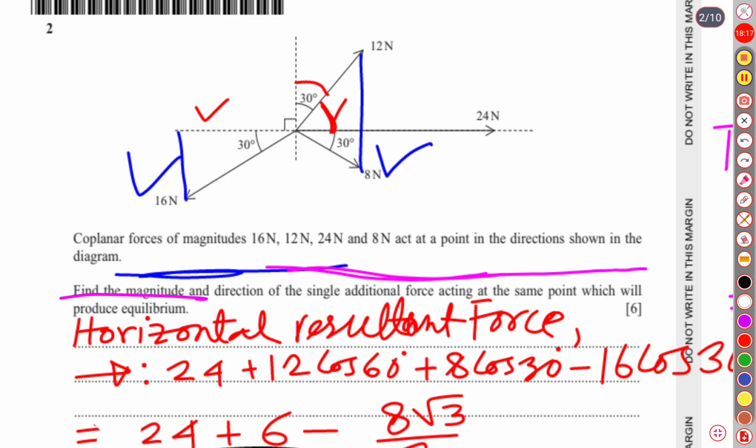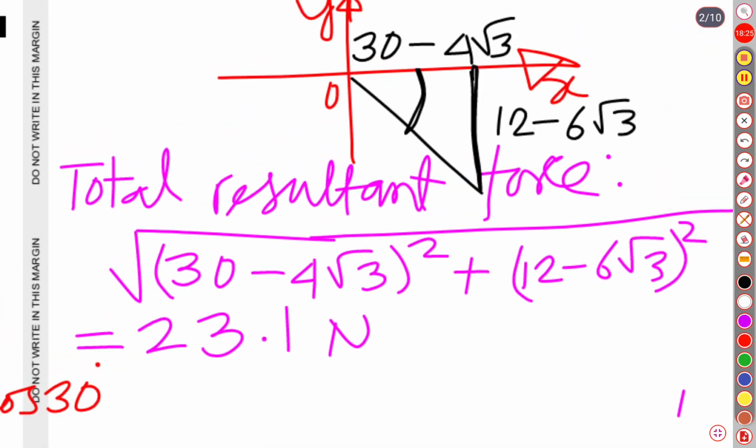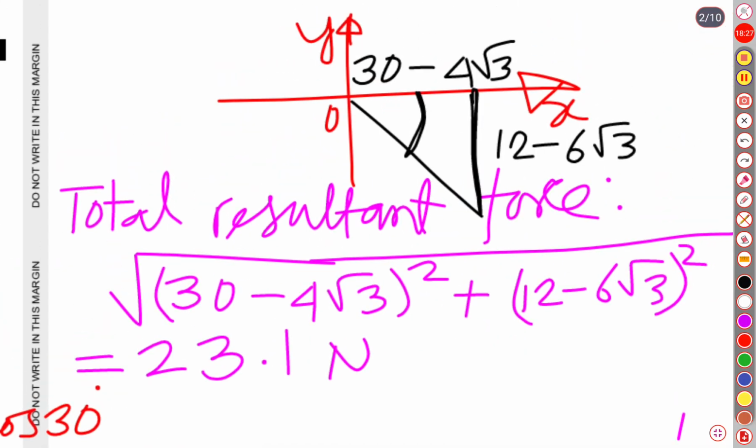So we'll have to make the system equilibrium. The resultant force is acting over here, so there should be an opposite force to make it equilibrium.